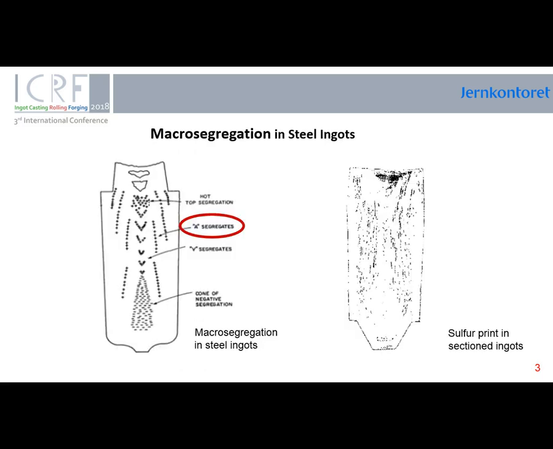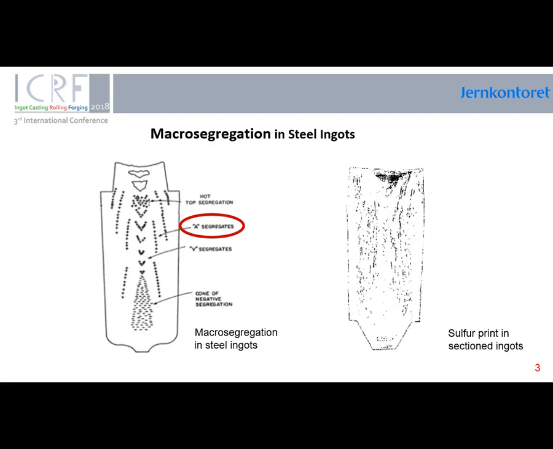The technique I will present refers to A-segregation, one of the types of macro segregation. We can find this kind of material heterogeneity in the zone of transition from columnar grains to large equiaxed grains. In this slide, we can see the A-segregation position on the longitudinal section of the ingot.